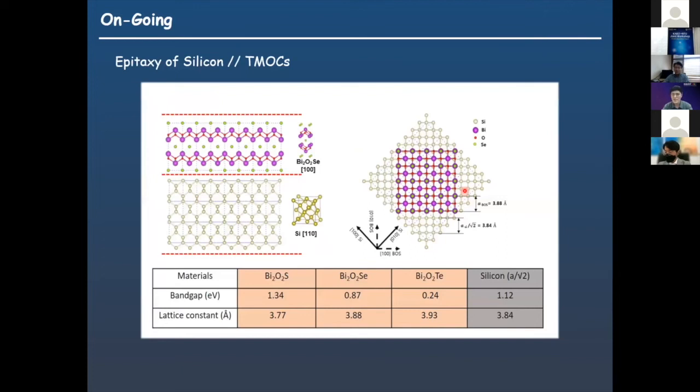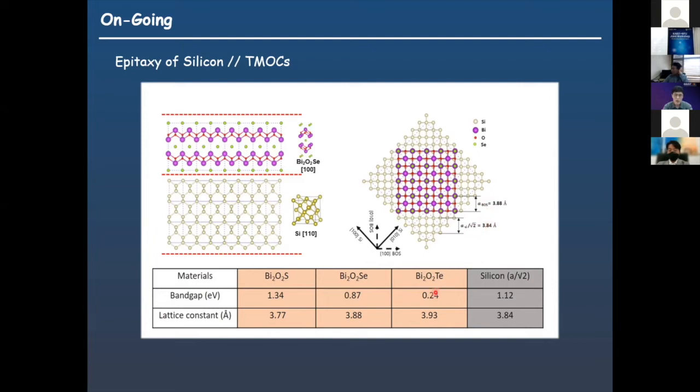And normally I do not use this slide for the seminar, but now I want to get some collaborators between NTU and KAIST. One of the interesting points is that bismuth oxy-selenide's lattice constant is quite exactly matched with the silicon, and when you look at this table, we can mix with sulfur and tellurium, so that we can basically control the lattice constant.